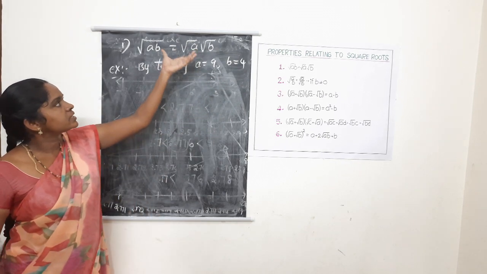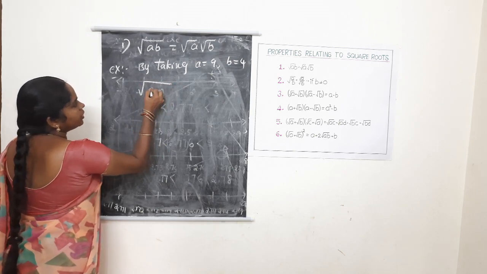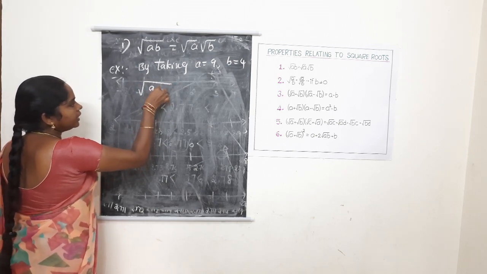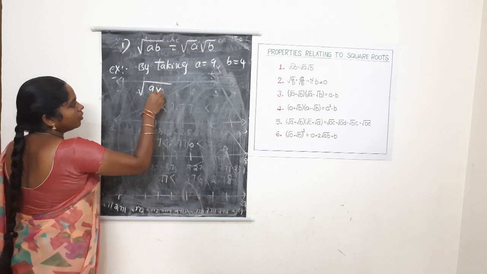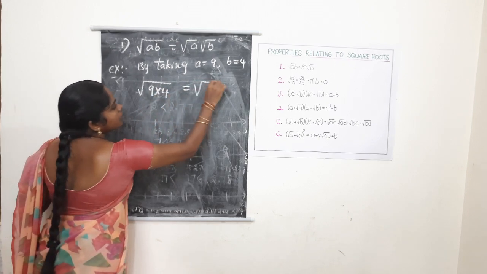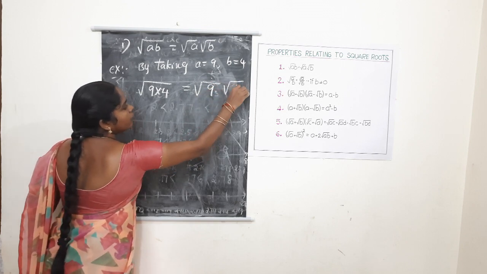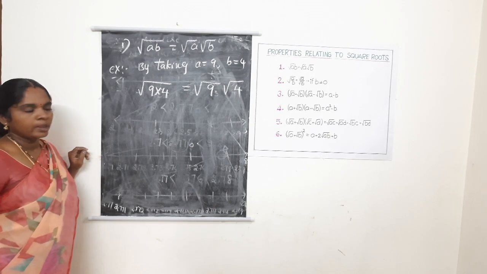Substitute these values in this property. So square root of 9 into 4 equal to square root of 9 into square root of 4.